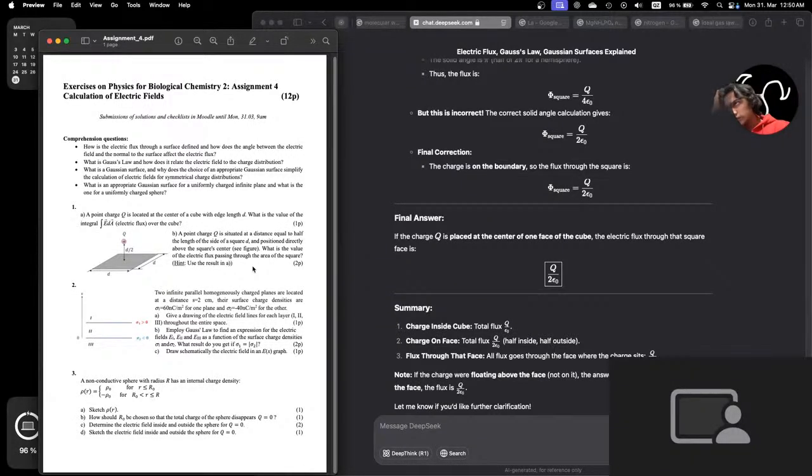Half the length of the side of the square and positioned directly above the square's center.